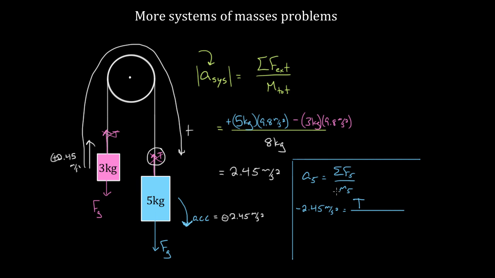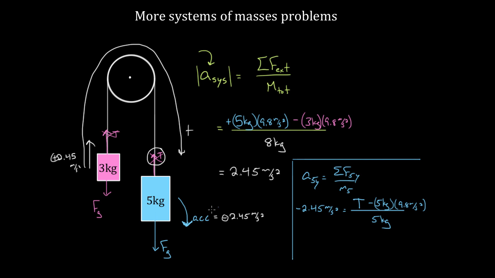Normal second law in the vertical direction. So I use vertical forces, and if they're upward, I'm going to treat them as positive. And if they're downward, like this 5 times 9.8, I'm going to treat it as negative because it points down: 5 times 9.8 meters per second squared. And I divide by the 5 kilogram mass because that's the box I'm analyzing. I'm not analyzing the whole system, I'm just analyzing the 5 kilogram box now. And I can solve and get my tension.